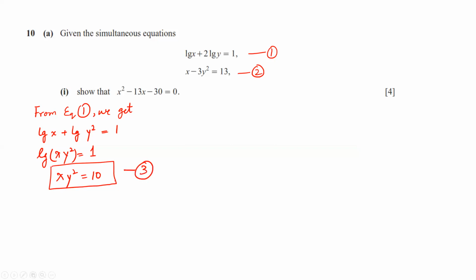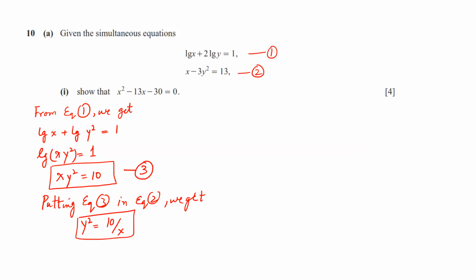Now putting equation 3 in equation 2, remember we have to find it in terms of x, so make y the subject. So y squared is equal to 10 by x. Use this and put it in x minus 3 times y squared, 10 by x, equals 13.